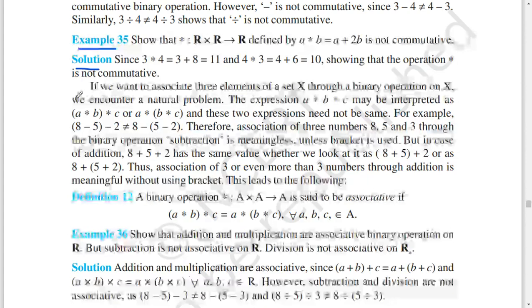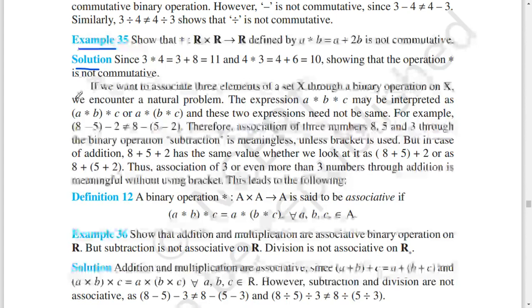Therefore, association of three numbers 8, 5 and 2 through the binary operation subtraction is meaningless unless brackets are used, but in case of addition, 8 + 5 + 2 has the same value whether we look at it as (8 + 5) + 2 or as 8 + (5 + 2). The association of 3 or even more than 3 numbers through addition is meaningful without using brackets.